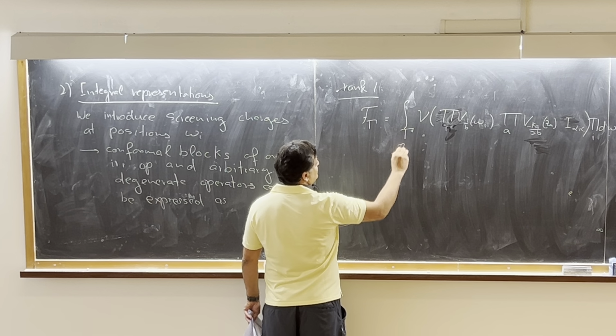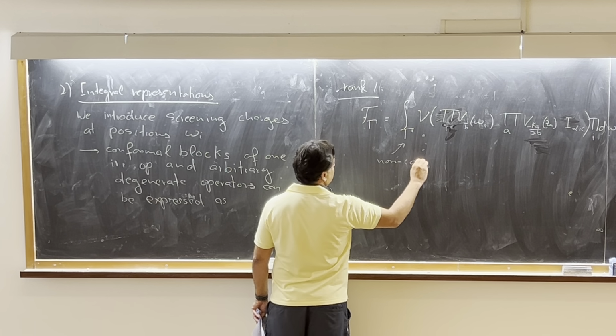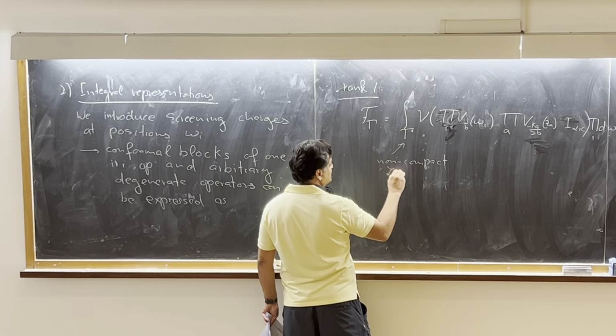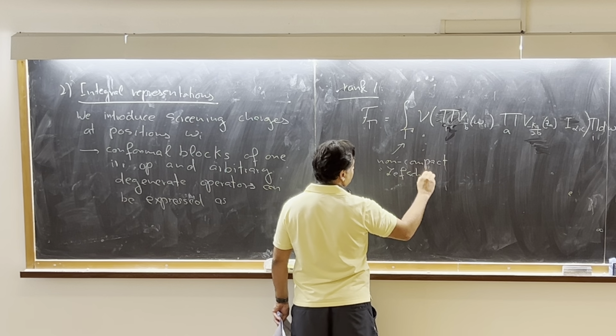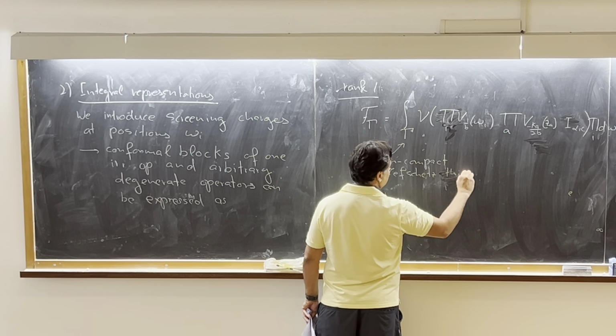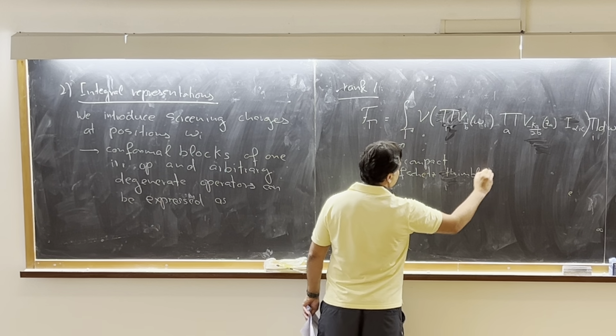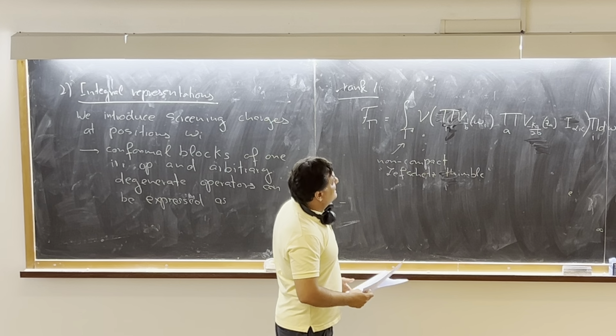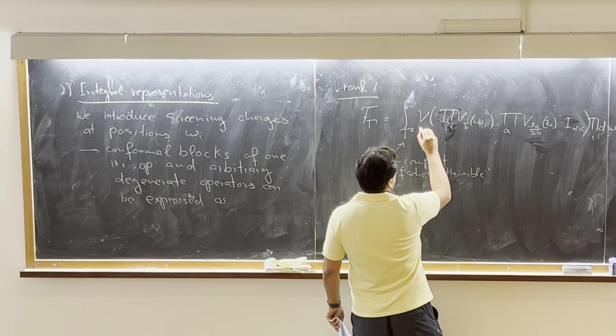And this here is a non-compact cycle, a so-called Lefschetz cycle, or thimble, if you want. It has to be non-compact because it's defined in a particular way, which I can explain actually.